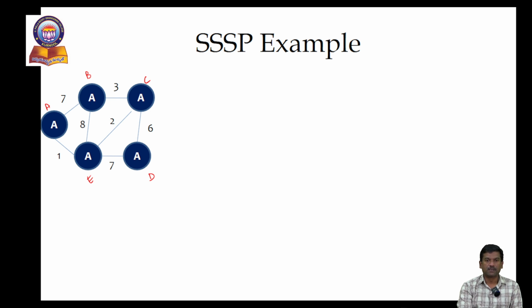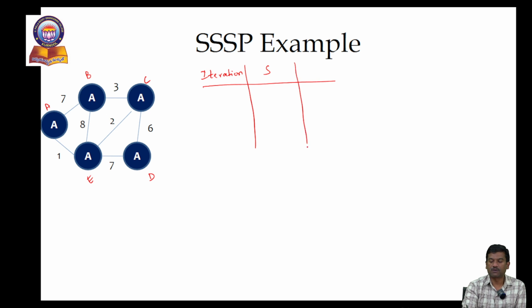You can take the algorithm by tracing, or for example, you can take columns. That is, during your first iteration, what is the iteration sequence number, what is the special vertices or the solution set, and what is the vertex that you have selected, and for the number of vertices that are present.